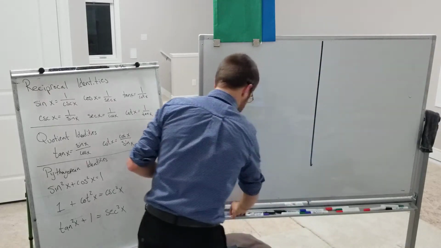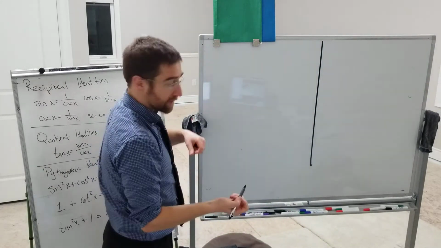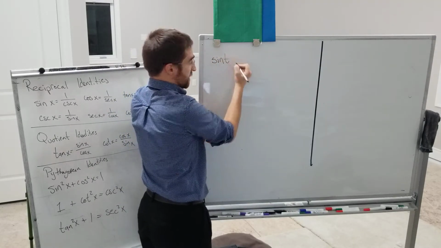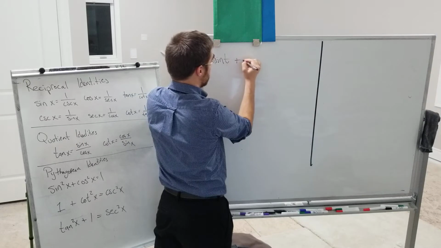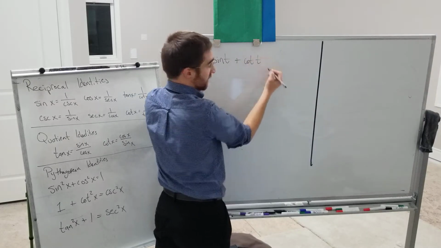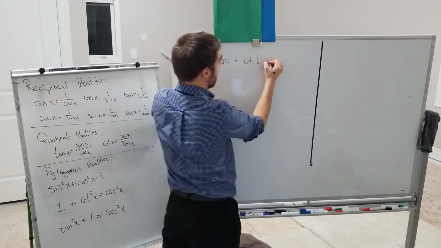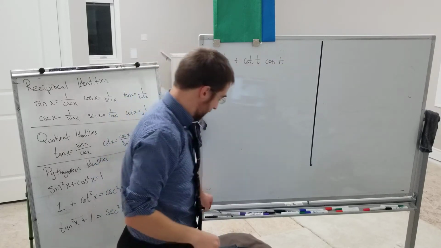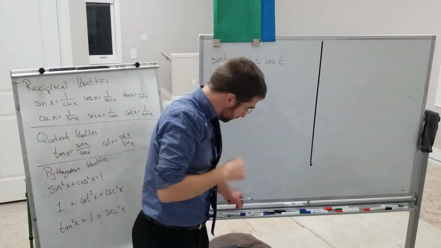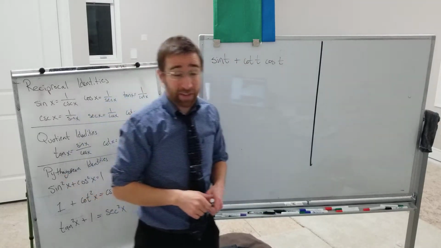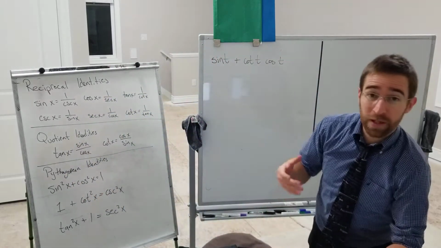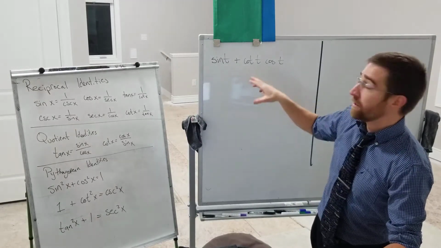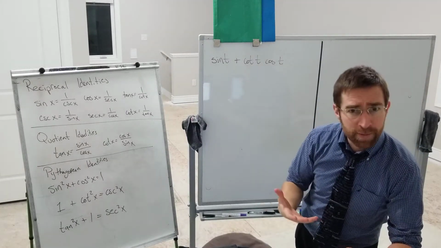All right. So this next example is we want to simplify sine of t plus cotangent t cosine t. So a good idea, the first thing to do is to see if we can rewrite this cotangent in terms of sines and cosines, and see if we can get towards simplifying in that direction.